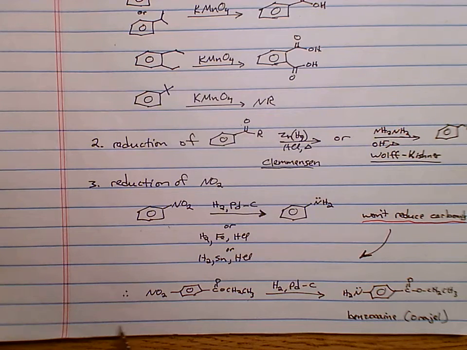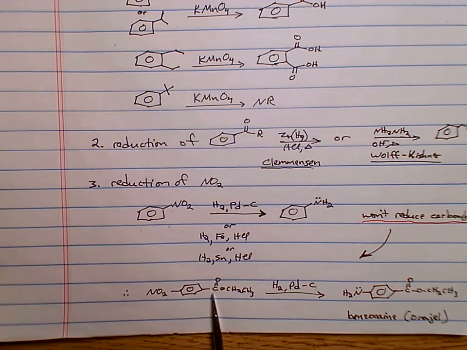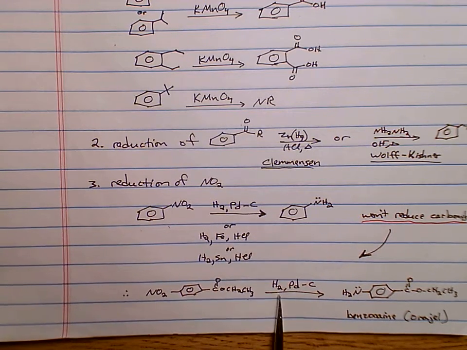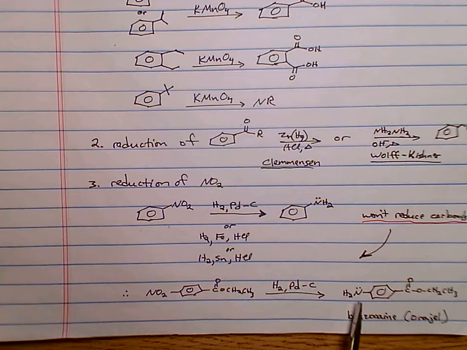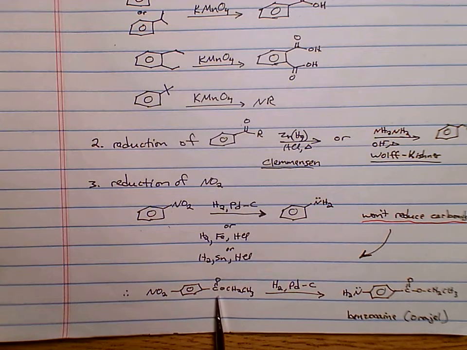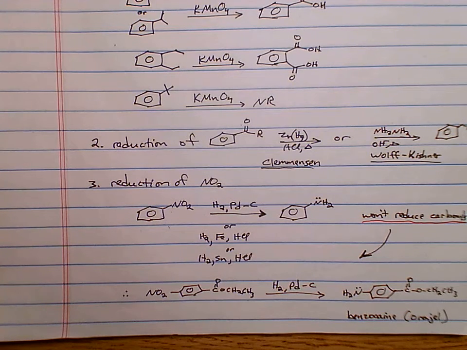Note, though, if you have a nitrobenzene and a carbonyl in your molecule, H2 palladium on carbon will reduce the nitrobenzene. As long as you add one equivalent of H2, monitor the amount of H2 gas you're putting in there, you will reduce the nitro group to aniline, to NH2, to the amine, and you will leave the carbonyl alone.